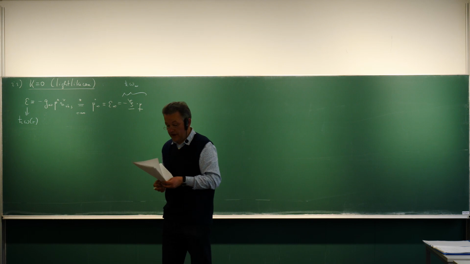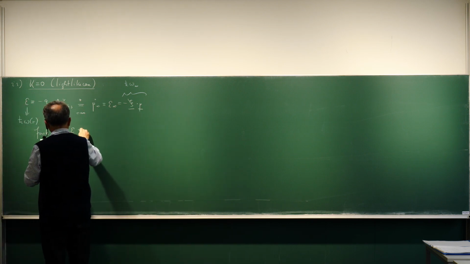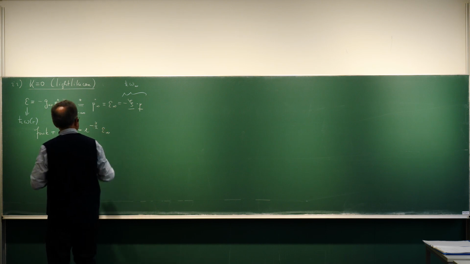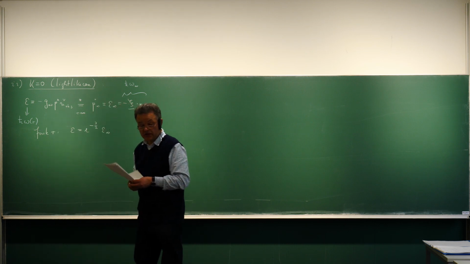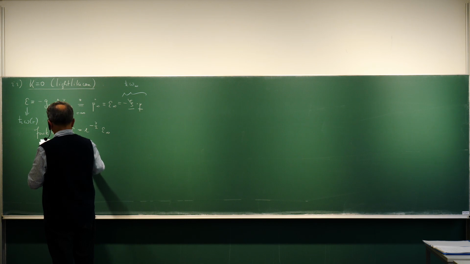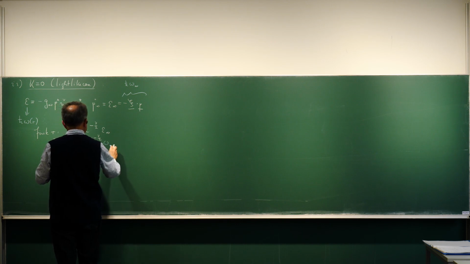So if we are at finite r, then we have, as before, epsilon is e to the minus nu over 2 epsilon infinity. If we use now this relation with the frequency, then we can write omega of r is e to the minus nu over 2 omega infinity.